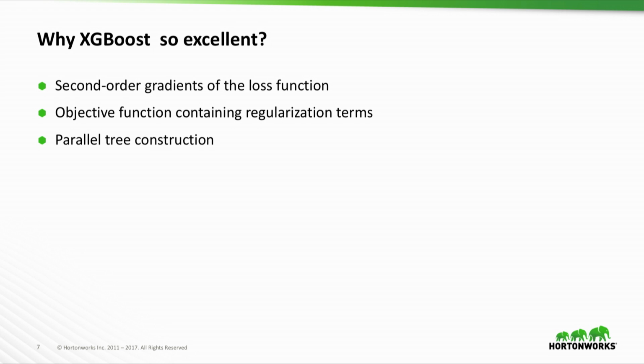All the other gradient boosting models before XGBoost only use the first-order gradient of the loss function. What is the benefit of the second-order gradient? You can imagine when we solve convex optimization problems such as logistic regression, you can use different optimization methods such as SGD, BFGS, or LBFGS.